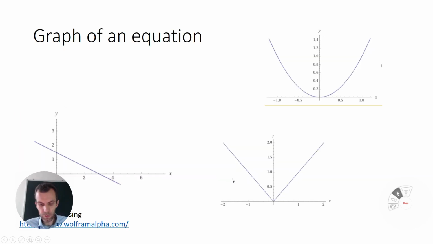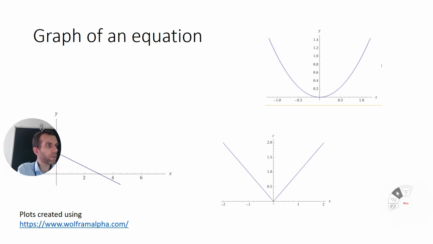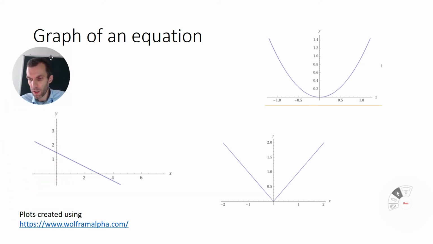Something a little bit different but related is the graph of an equation. So locuses, loci are things that you can calculate. Graphs also fit in that framework because a graph of an equation is basically all the points that satisfy the equation. And on the slide I've shown a couple of particular graphs.